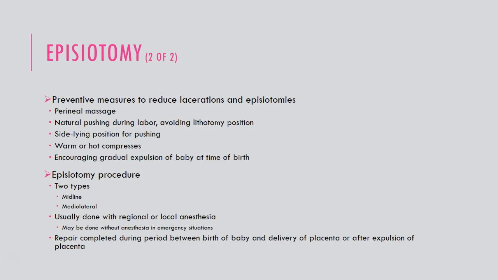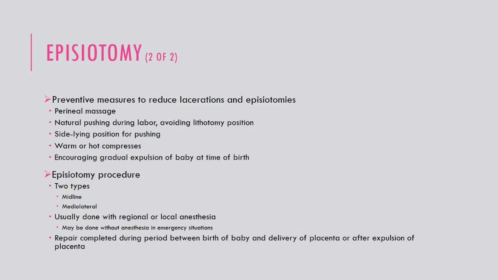Typically in the acute care setting, we tend to put people in the lithotomy position to push, but if they can get in a natural position to push for their body, it will actually reduce the chance that they will tear or have to have an episiotomy. A natural pushing position would be squatting. Sidelying position for pushing will also help decrease the possibility of a laceration or episiotomy.